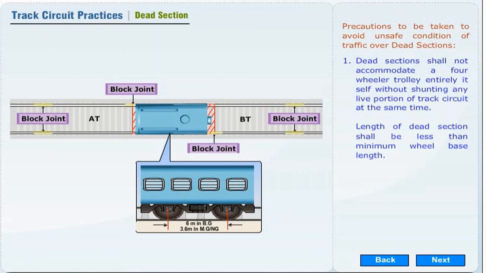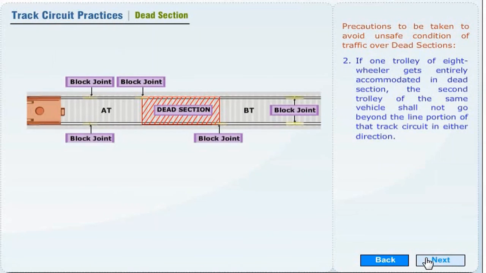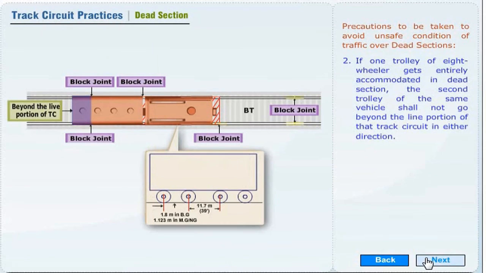Length of dead section shall be less than minimum wheelbase length. If one trolley of an 8-wheeler gets entirely accommodated in dead section, the second trolley of the same vehicle shall not go beyond the live portion of that track circuit in either direction.